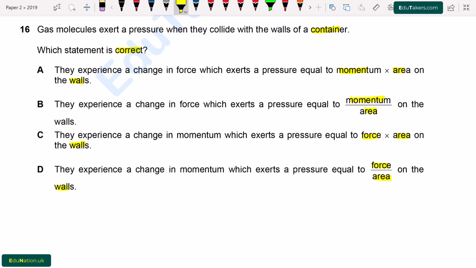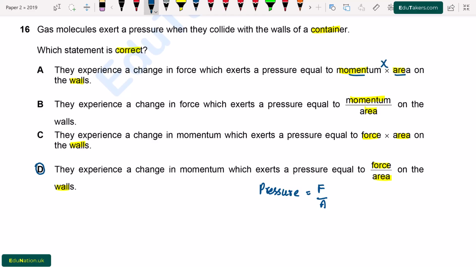So from here, option D is correct because pressure is equal to force over area. Gas molecules experience a change in momentum which exerts the pressure, and the formula of pressure is force per unit area, which is given in option D. In A, pressure is equal to momentum multiplied by area.